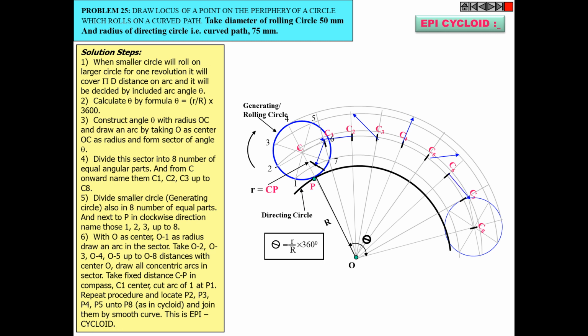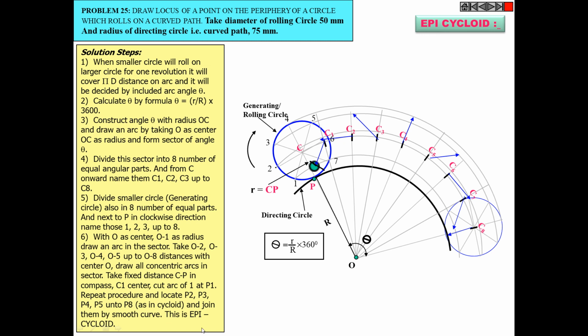Similarly, for the sixth point, you cut on the sixth curved line. For the seventh locus point, you cut on the seventh arc line. For the eighth locus point, you cut on the initial curved directing circle line, the dark color curved directing circle line, and this is that particular point.